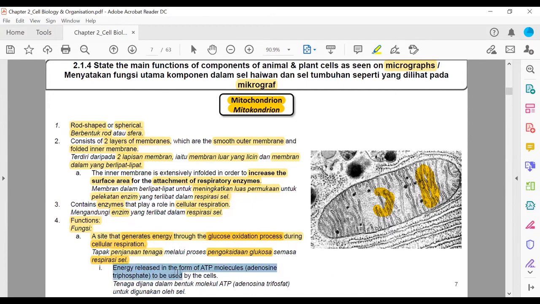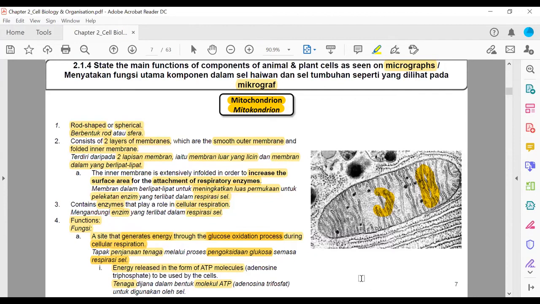Energy released in the form of ATP molecules, adenosine triphosphate, to be used by the cell. Tenaga dijana dalam bentuk molekul ATP. Nama penuh dia adenosine triphosphate untuk digunakan oleh sel.